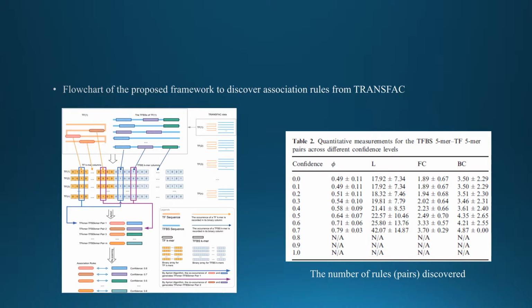The TFBS sequence pattern has been used as a transaction table with binary data of 0s and 1s, and it has been uploaded with the Apriori algorithm, and pairs have been seen here, whereas the TF k-mer pair 1, pair 2, pair 3, and there are 1 to m pairs, and then the rescanning has been done to get the association rules with different confidence levels ranging from 0.5 to 0.9, and table 2 shows the quantitative measures for the different pairs across different confidence levels ranging from 0.0 to 1.